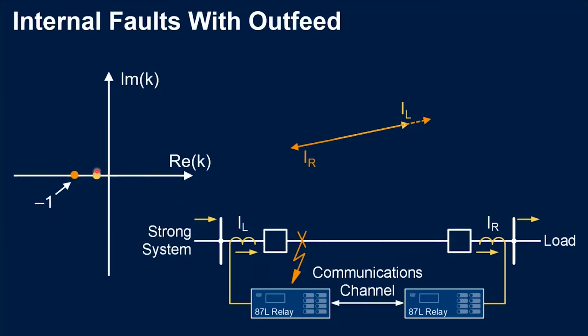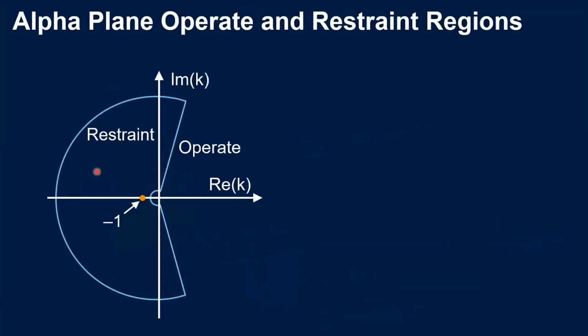So based on the typical scenarios that the transmission line faces, SEL has defined the alpha plane, which is what we can see here, where we have the ideal blocking point. We saw that this was the point where we have just regular load current.